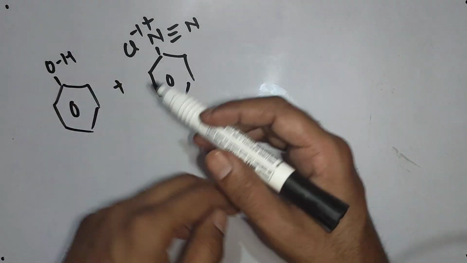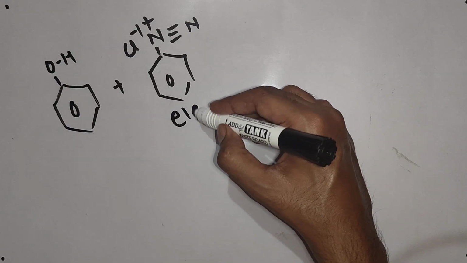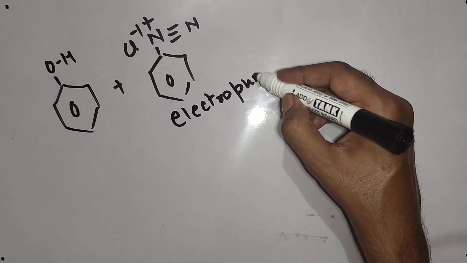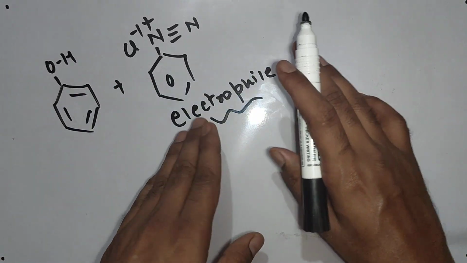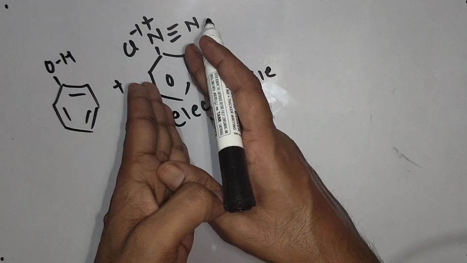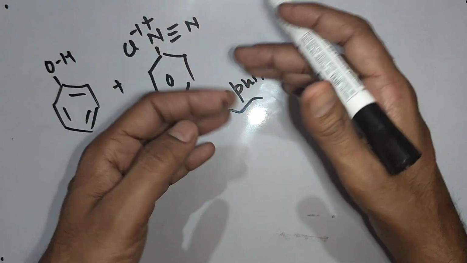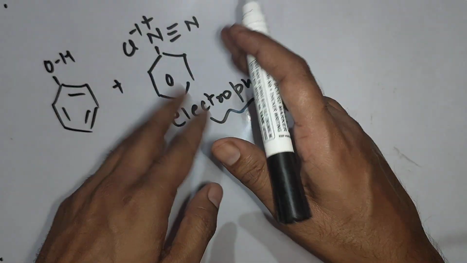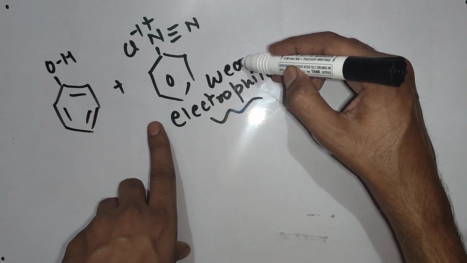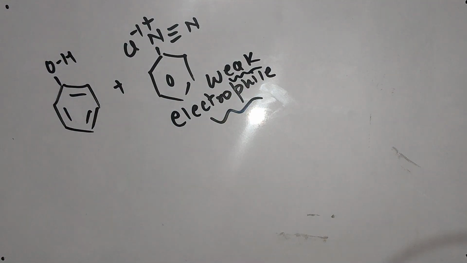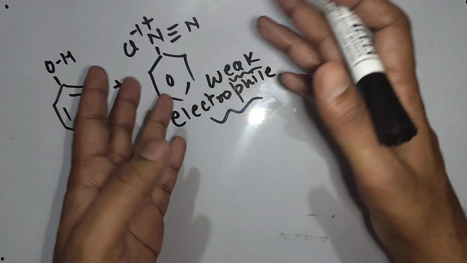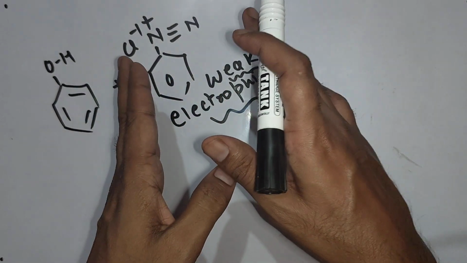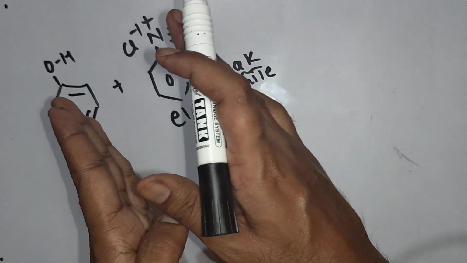Means this benzene diazonium chloride should work as an electrophile, because the benzene ring is a source of electrons, pi electrons, and obviously the substance which is attacking a benzene ring is looking for electrons, and the particles which are looking for electrons, we call them electrophiles. But the problem is it's a weak electrophile. Weak electrophiles do not attack the benzene ring for electrons properly. They do not have that capability.